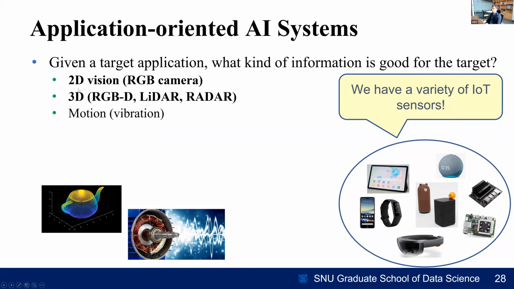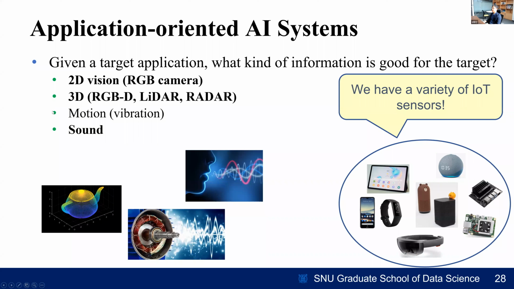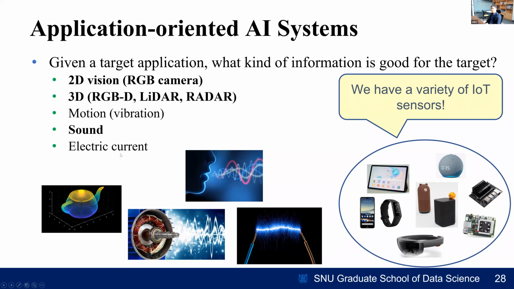Or you can sense motion information using vibration sensors, basically an accelerometer, right? And you can also catch sound using a microphone, and electric current, and even wireless signals like Bluetooth or Wi-Fi signals and so forth. Given the various types of information, fusing these heterogeneous data will also be an interesting topic to result in some useful application result.